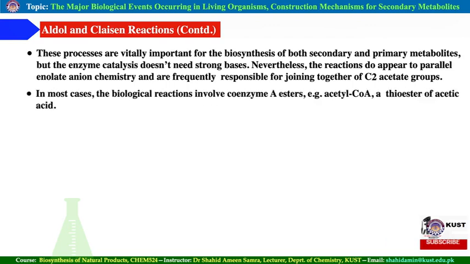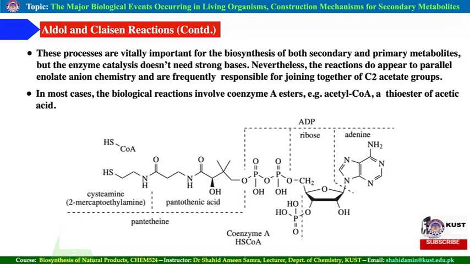In most cases, the biological reactions involve coenzyme A esters, for example, acetyl coenzyme A, that is the thioester of acetic acid. So this is the structure of coenzyme A. It has specific parts. If you start from the right side, this is the adenine nitrogenous base, then it has a 5 carbon sugar, that is ribose, along with 2 phosphate groups.